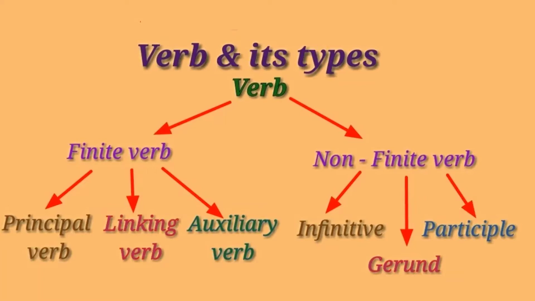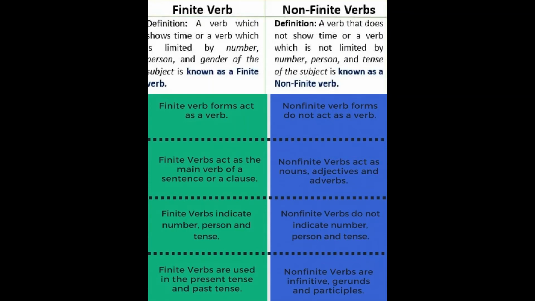Now we are going to see what is the difference between finite verb and non-finite verb. Already we have seen that finite verb is verb and non-finite verb is infinitive, gerund and participle. According to the definition, a verb which shows time, that means tense, a verb which is limited by the number, that means plural or singular, or gender of the subject is known as finite verb.